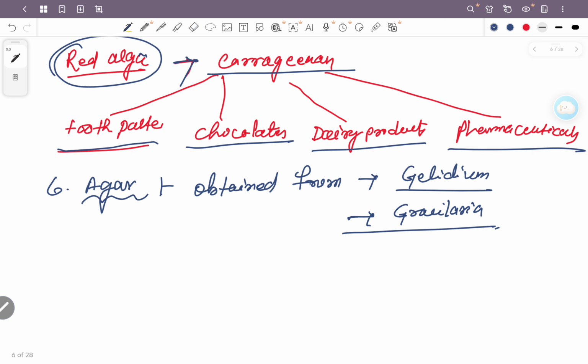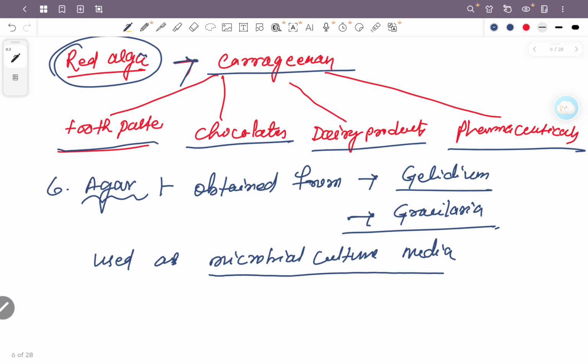Okay, and it is used as microbial culture media. You might have heard about tissue culture. While doing tissue culture, Gelidium and Gracilaria are where the agar is obtained from, and this agar is used for microbial culture.